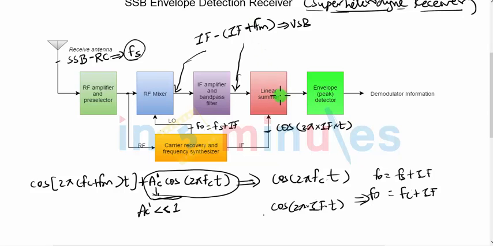Once you add the two signals, the output will be nothing but single sideband full carrier, which will have a well-defined envelope present. And once we have this envelope, I can give this signal to the envelope detector, and hence the output of the envelope detector will be the demodulated information in the form of m(t).